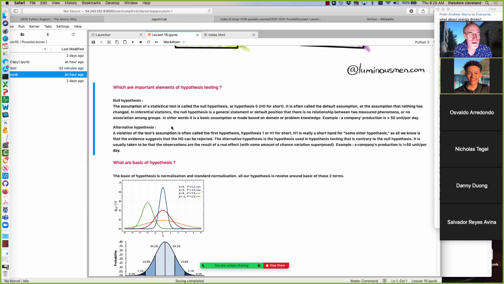And it is accepted under conditions where the evidence suggests that the null hypothesis is rejected, or there's insufficient evidence for the null hypothesis to be believed to be true. I'm trying not to completely read this verbatim because you all can read as fast as I can. The alternative hypothesis is usually taken to be that the observations are the result of some real effect. For example, a company's production is not equal to 50 units per day.